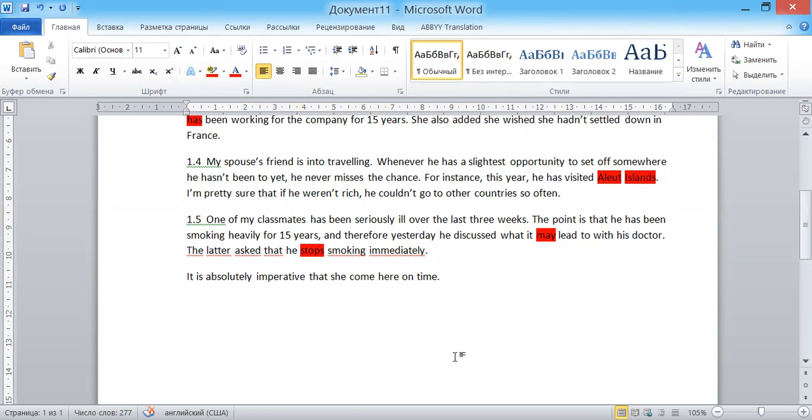So let's do something. So I will repeat the assignment itself again. So amend, which means correct and do something. Amend the following text fragments so that they become much better in stylistic terms.